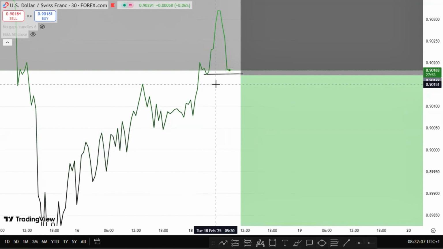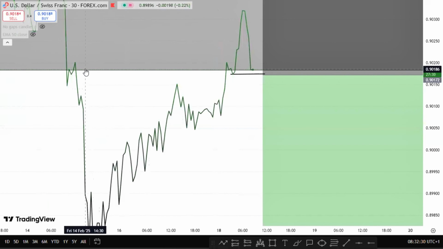You shouldn't depend on wicks. You should depend on the body of the candle. The body of the candle tells the real market structure. Wicks do not tell market structure. Take note of this. As you can see, the wick was around here, but the line chart shows the market structure with no confusion.